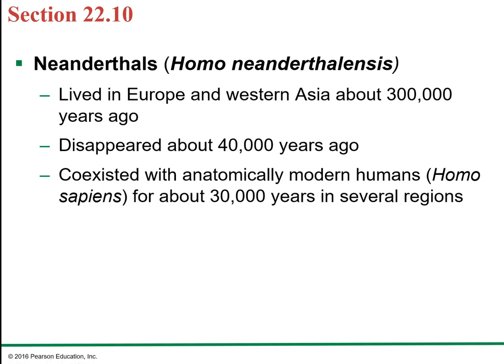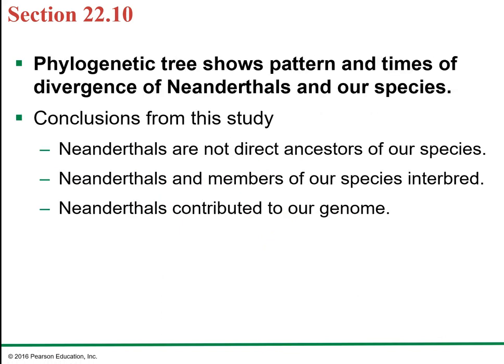If you talk about the Neanderthals, they lived in Europe and Western Asia about 300,000 years ago. They disappeared about 40,000 years ago. And it's believed that they coexisted with Homo sapiens for about 30,000 years in several regions, okay? And there have been studies, again based on molecular data and fossil record, that have set up these phylogenetic trees to see when our species, Homo sapiens, diverged from the Neanderthals.